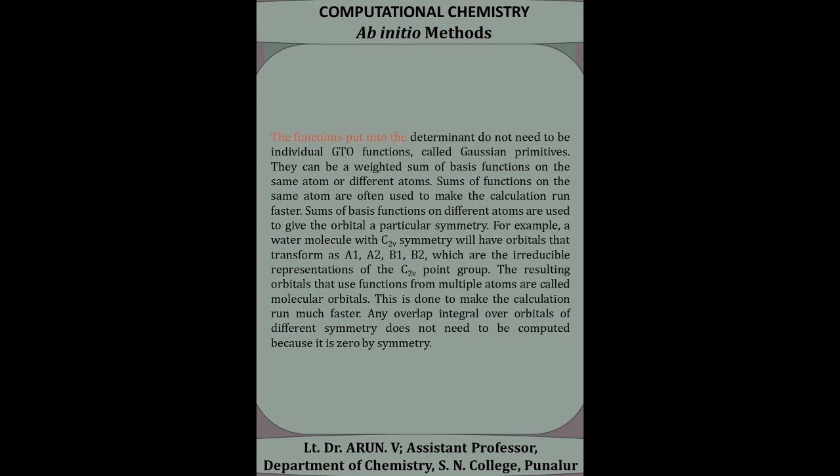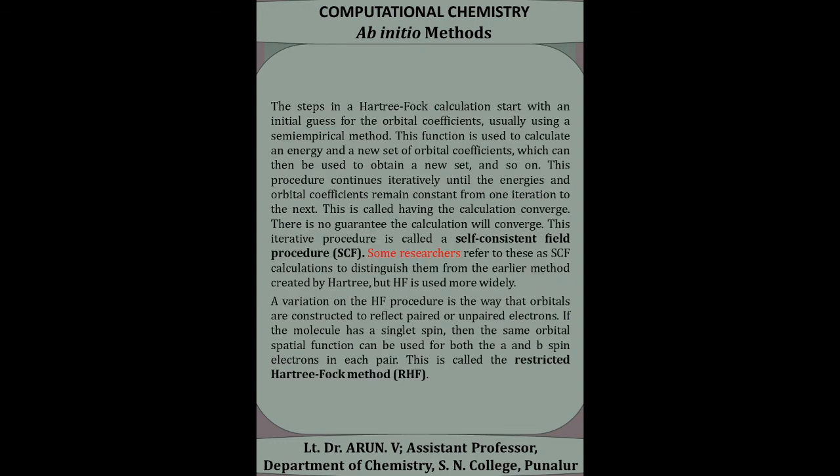Any overlap integral over the orbitals of different symmetry does not need to be computed because it is zero by symmetry. The steps in the Hartree-Fock calculation start with an initial guess for the orbital coefficients, usually using a semi-empirical method.